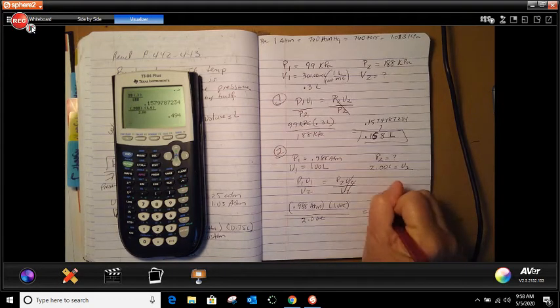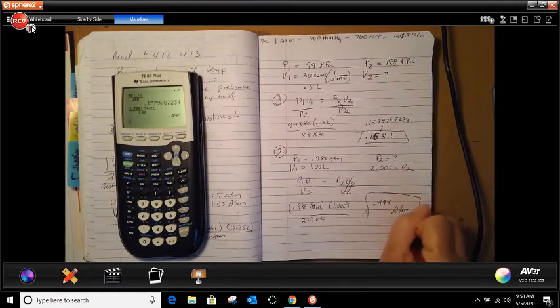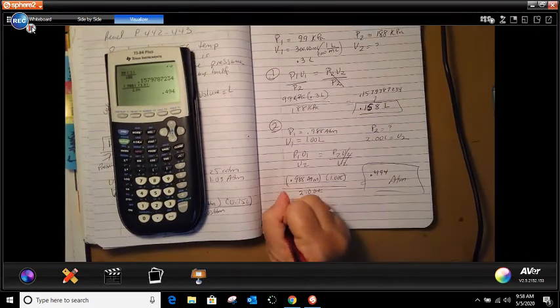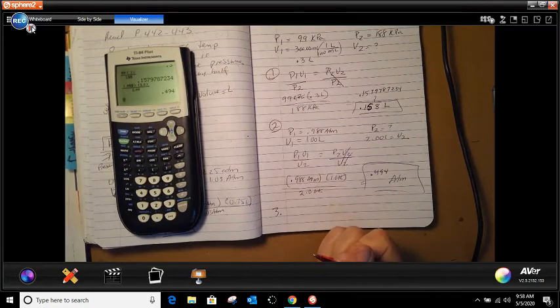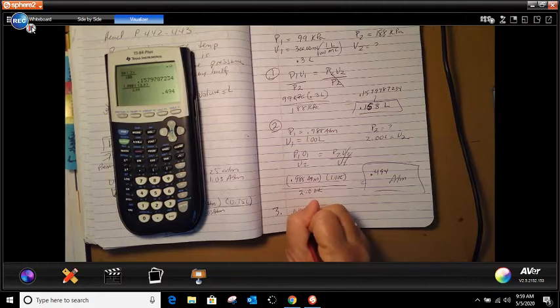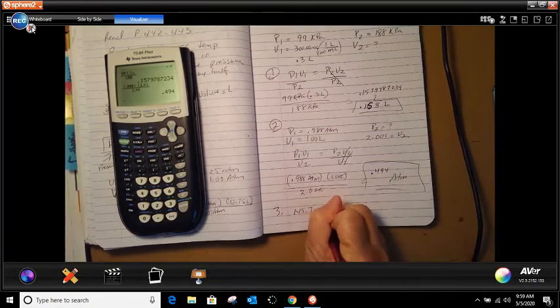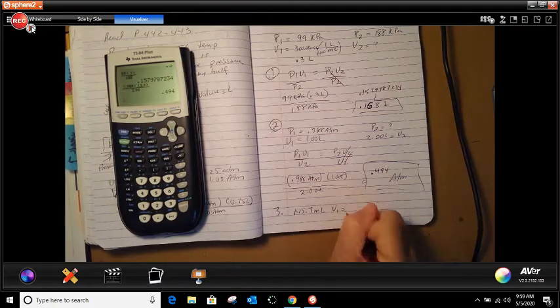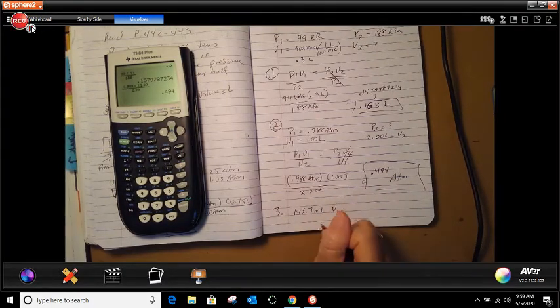So that's 0.494 ATM. That's my number 2. So number 3 tells us there is air trapped in a cylinder filled in a piston that occupied 145 milliliters. So that is my volume 1, which I'm going to actually change, right?